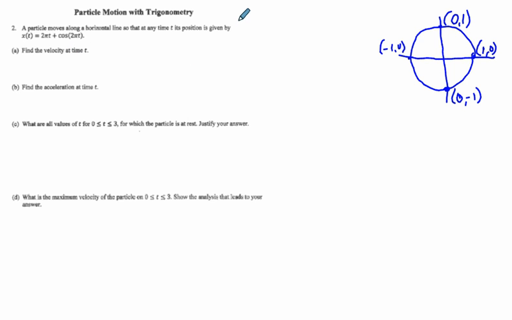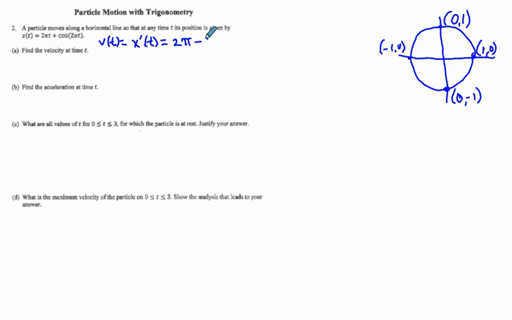Well, I'm just going to write up here. V of t is equal to the first derivative of the x of t function, which is x prime of t. And what is the derivative of 2 pi t? Well, it's going to be 2 pi. And then what is the derivative of cosine 2 pi t?